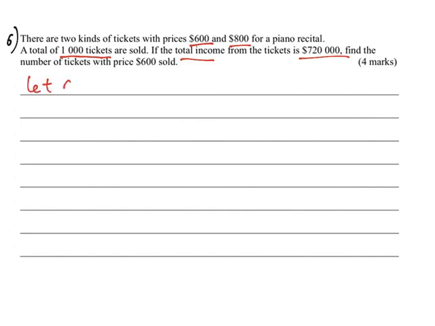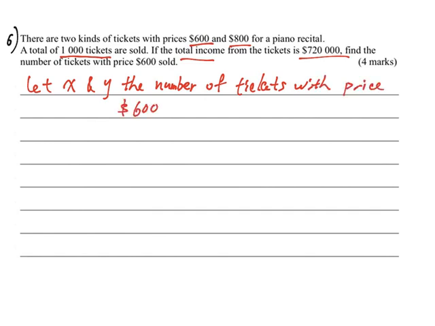So we need to let x and y be the number of tickets with price 600 and 800 shown respectively.